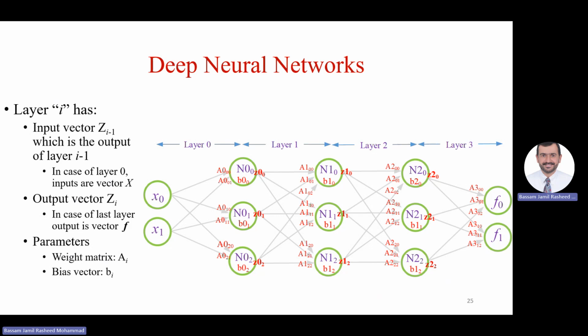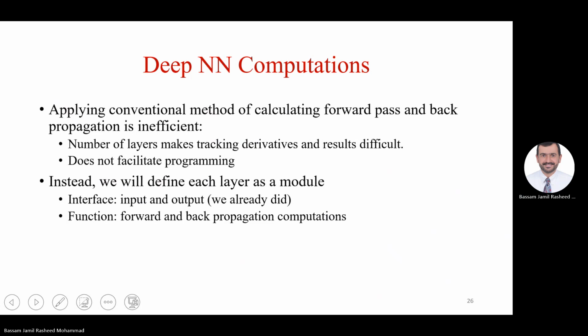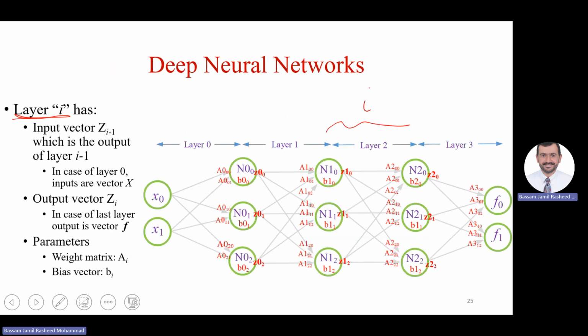Let's just assume that we are looking at layer I, and I want to express the equations of that layer I. If I am successful in expressing layer I, then I can take these equations and use them for layer I minus one and for I plus one.